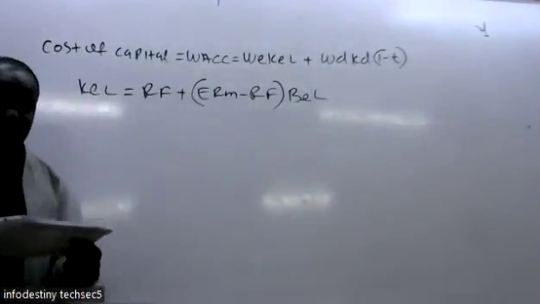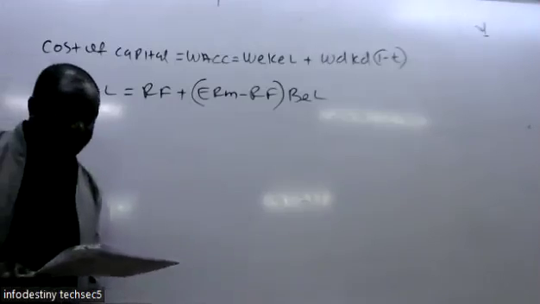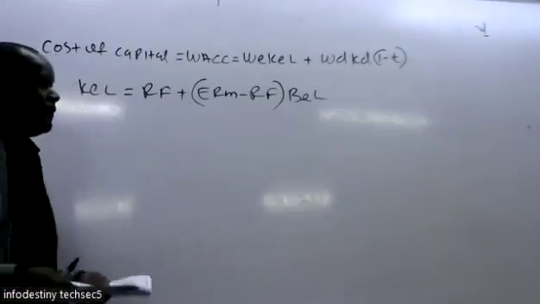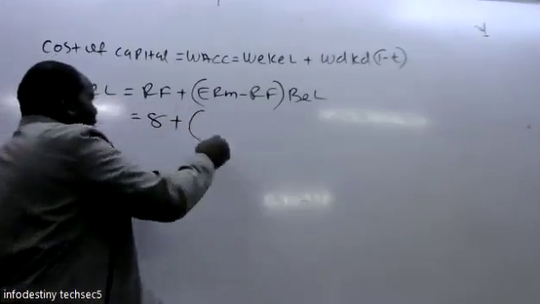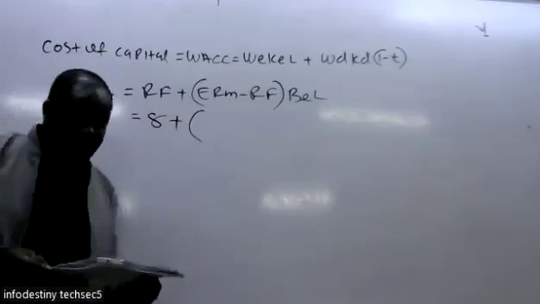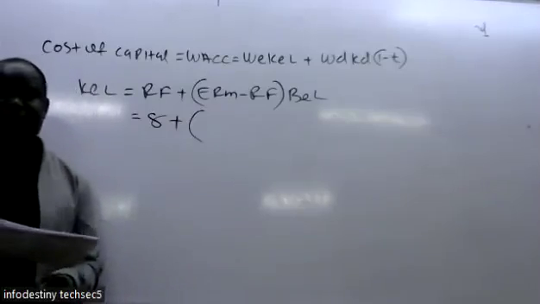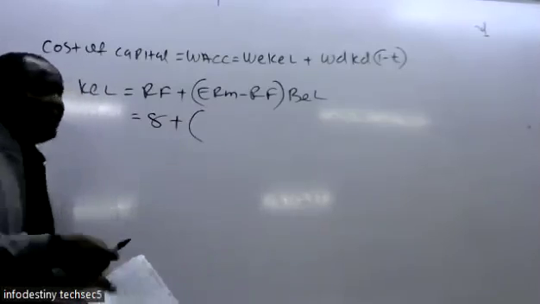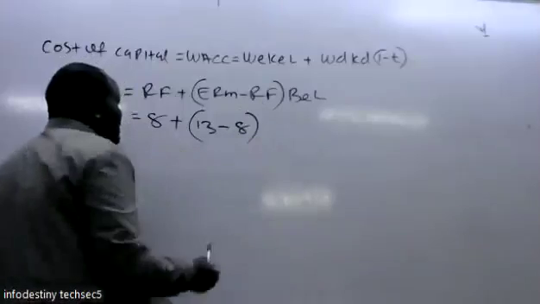So risk-free rate in the note number 1, we have been given the value of 8. Then expected return of the market in the note number 2, they gave us which figure? 13. Then we also minus 8.